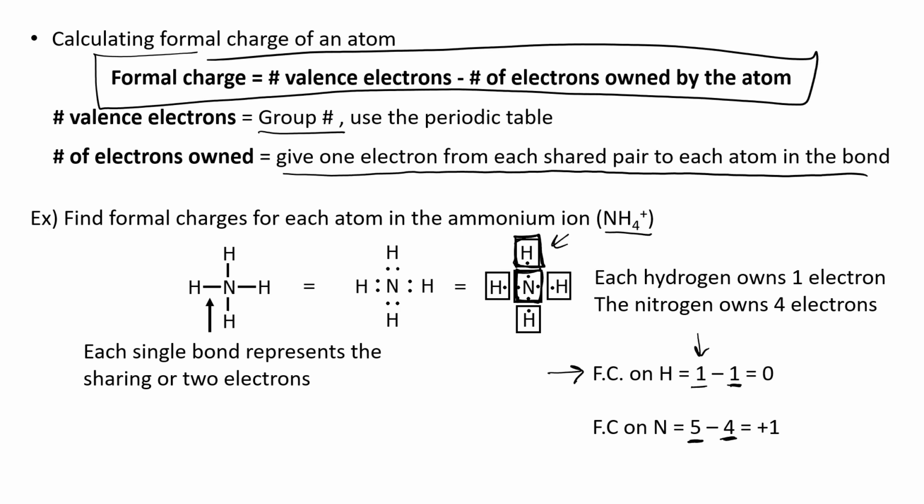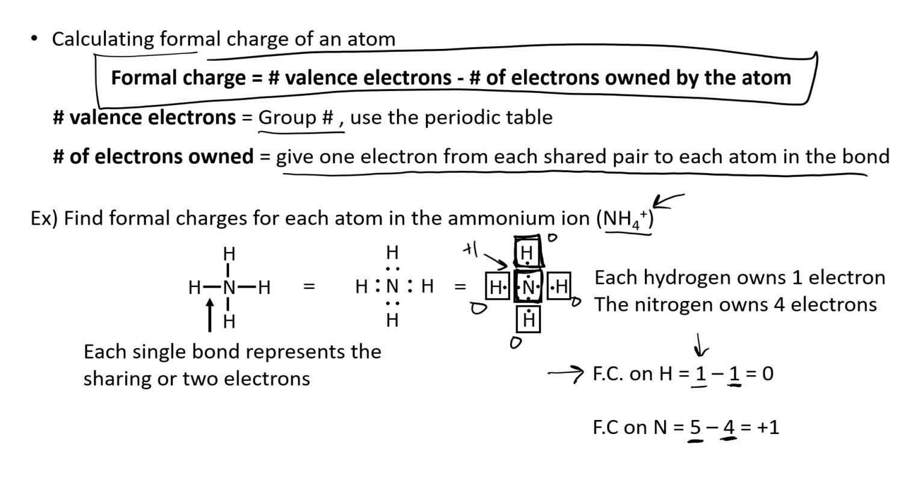Now let's total them up. The hydrogens each had a formal charge of 0, and our nitrogen was plus 1. So let's check to make sure that the sum of the formal charges equals the total charge on the particle, which it does, plus 1.